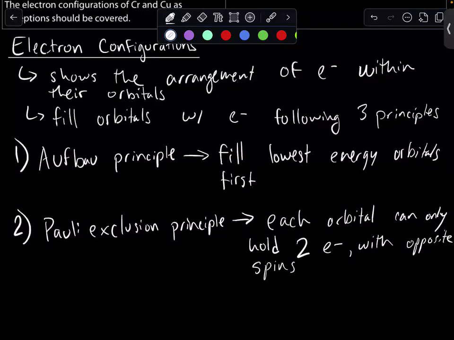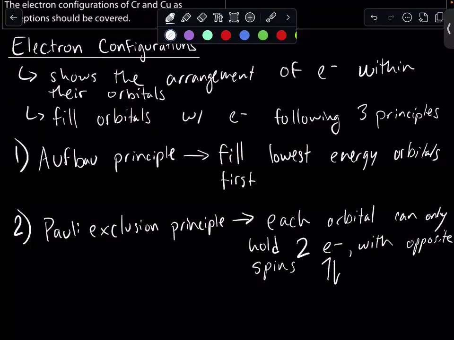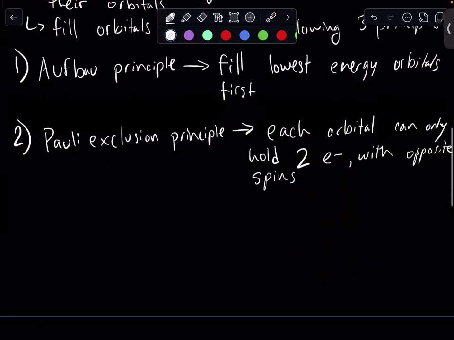We don't really need to understand spins too much, but generally we say electrons are either up or down. They are quantum particles and they spin, almost like the Earth spins around its axis. And so when we put two electrons together, they need to have opposite spins. We cannot put them together with the same spin. So that's all we have to know about it. They have opposite spins. Moving on.